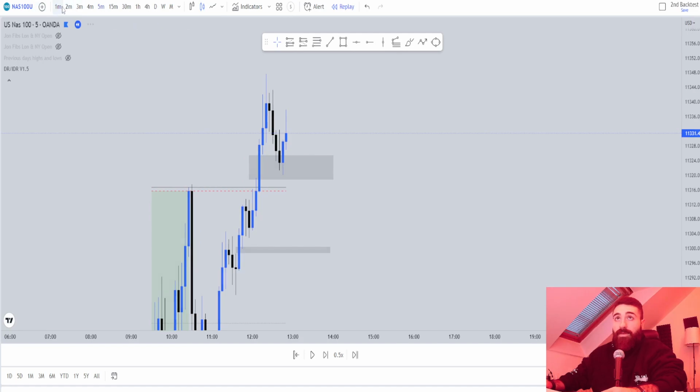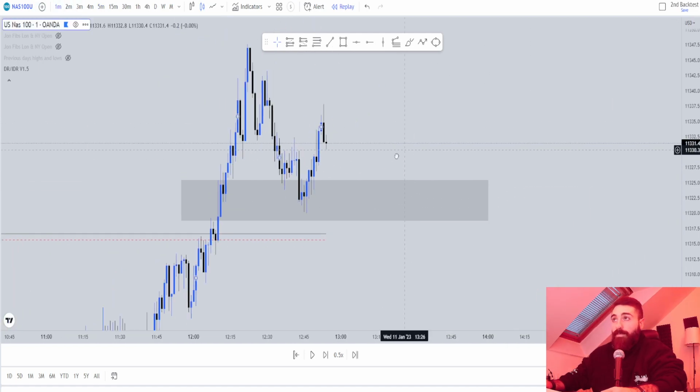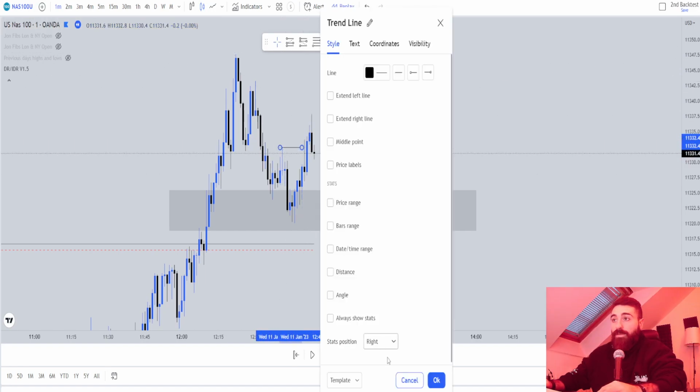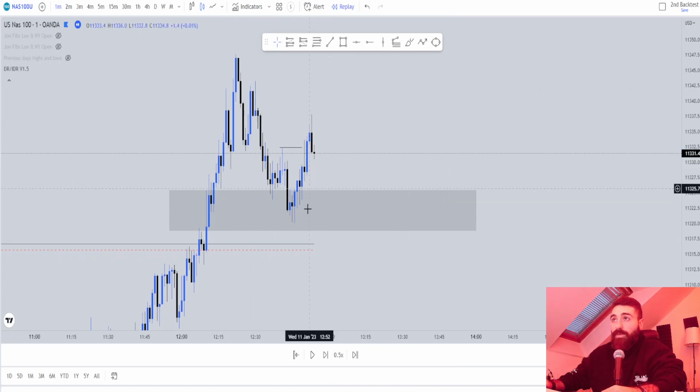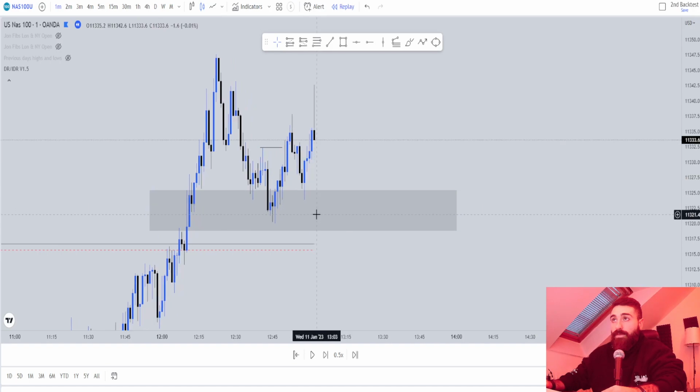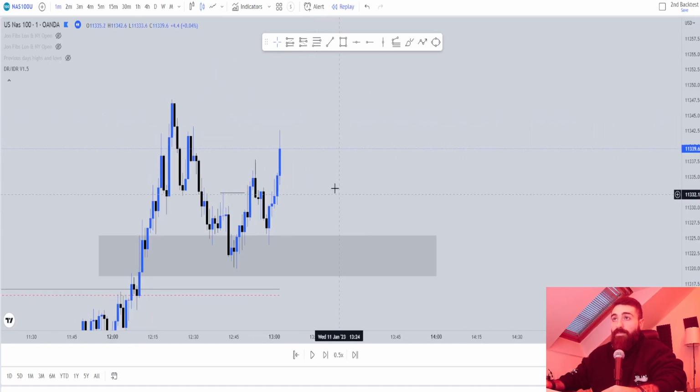We came here, we go to the lower time frame. Okay, we took here a short-term low, we took a short-term high right here, but the market structure is still, as you can see, bearish. So let's see. This is a valid break of structure.